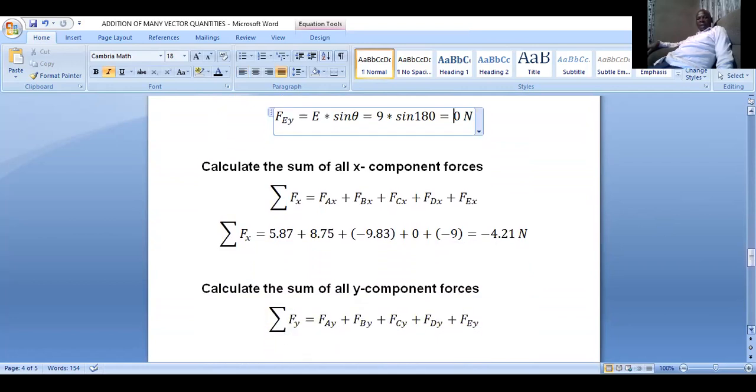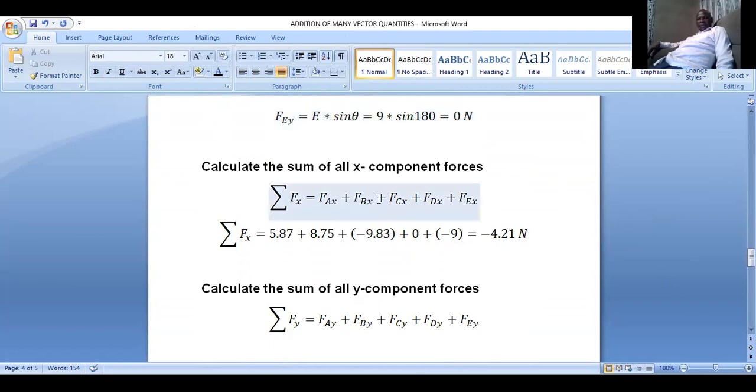And so now, after you have found each of these component forces, you need to sum them up. Therefore, we are saying sum all the forces in the x direction.